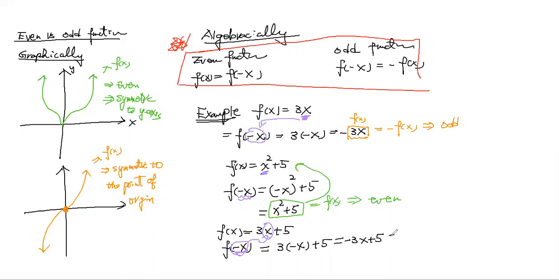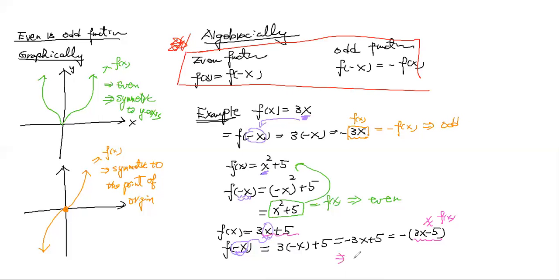Let me factor the negative out and see what happens. This is negative, 3x minus 5, but here we have 3x plus 5, so it's not equal to f of x. So f of negative x is not equal to negative f of x.